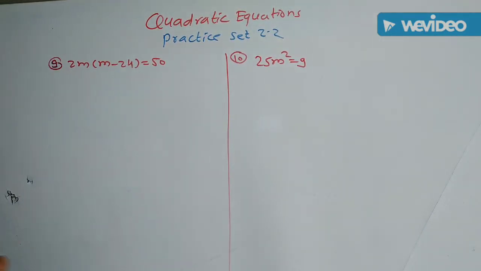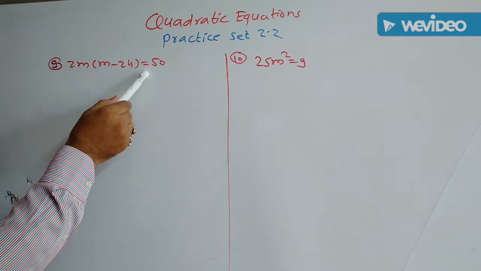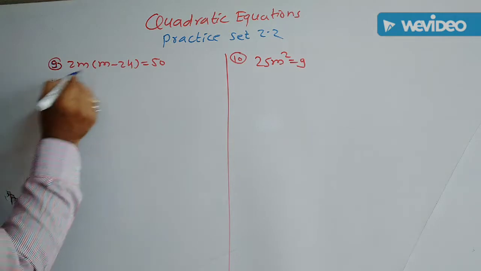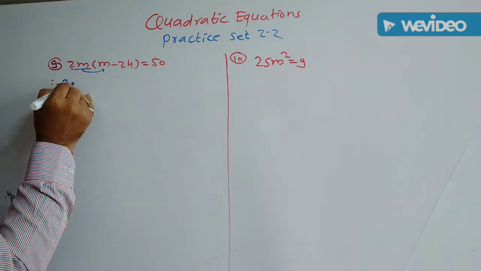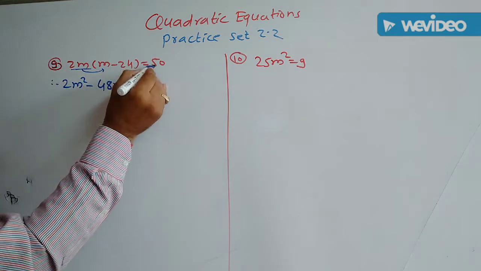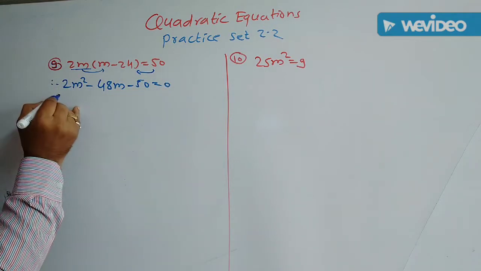Now the next example is 2m into bracket m minus 24 is equal to 50. Firstly, write the given equation in the standard form of the quadratic equation. For that, we solve the bracket. 2m into m is 2m square, minus 24 into 2m is 48m, and 50 gets converted to minus, is equal to 0.